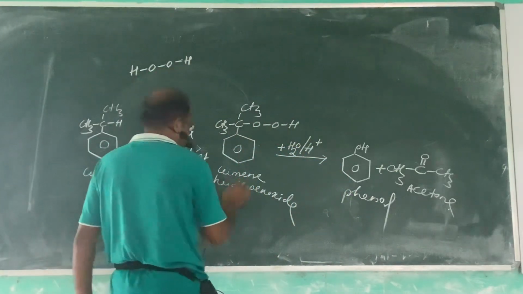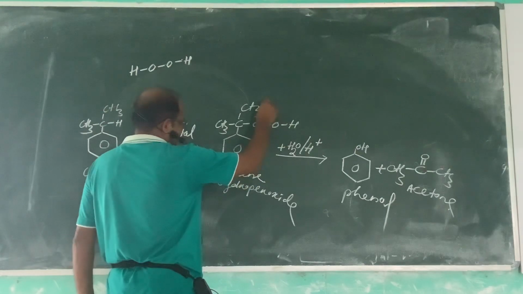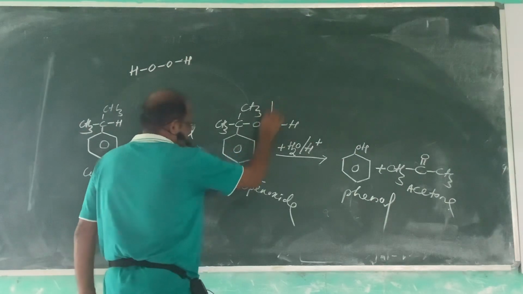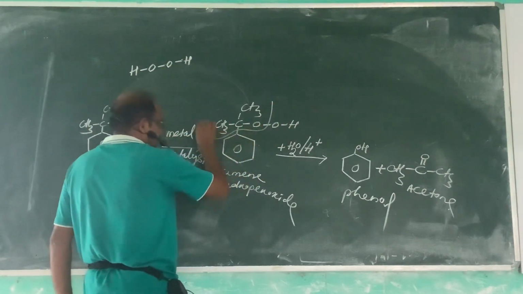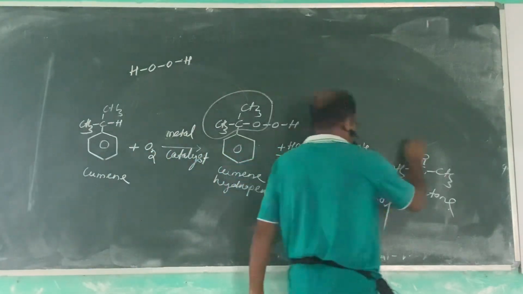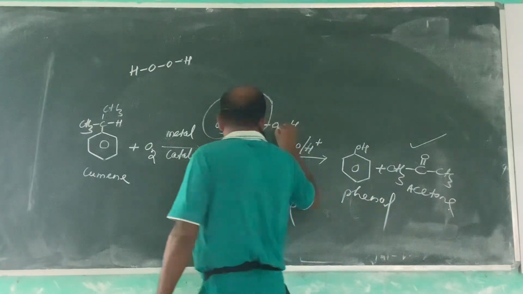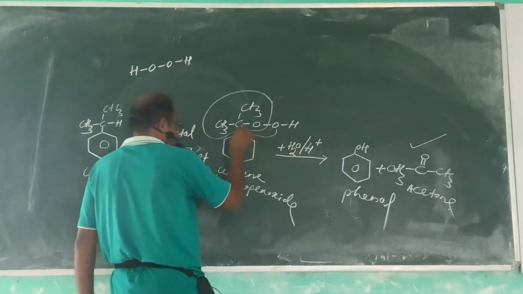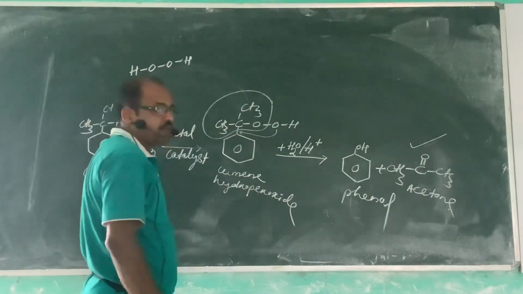When cumene hydroperoxide undergoes hydrolysis, this part gives rise to acetone. The OH group combines with the benzene to give phenol.